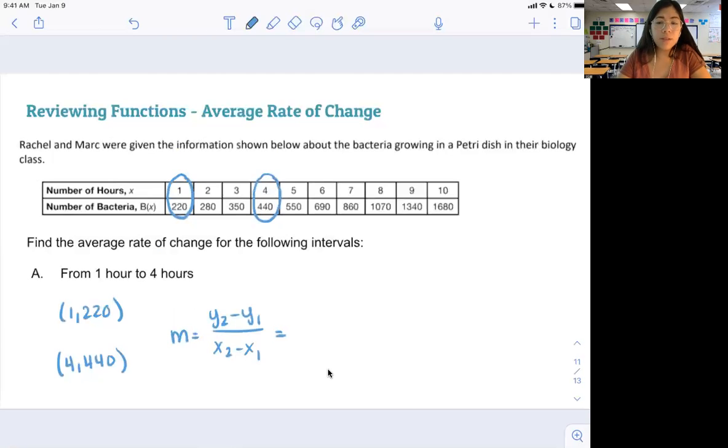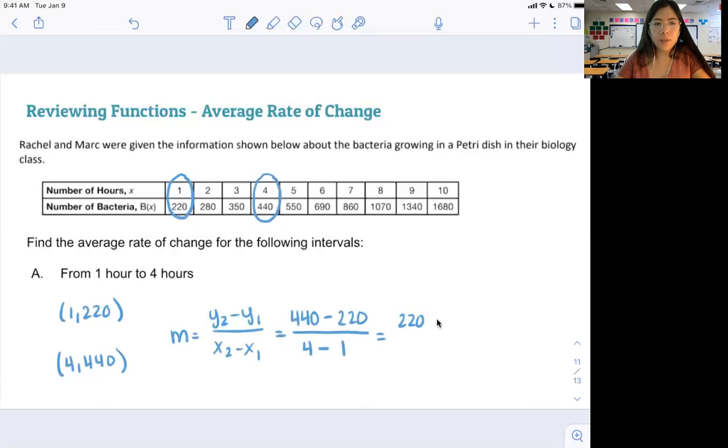What would be my Y2? 440. Y1? 220. X2, 4. X1, 1. And we do the math. 440 minus 220 is 220.